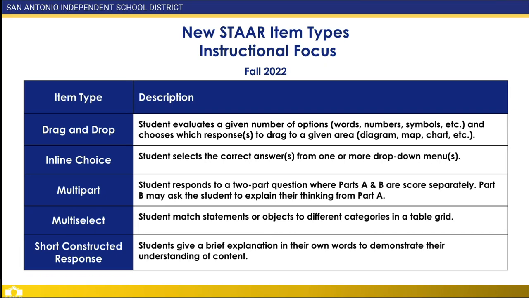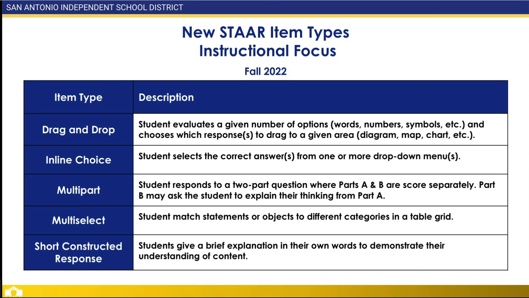Some of the item types that students will practice in the classroom and will be assessed on during the fall of 2022 are the following: drag and drop, inline choice, multi-part, multi-select, and short constructed response.